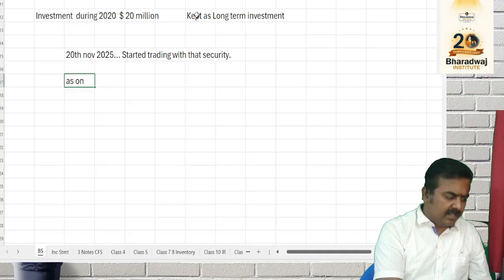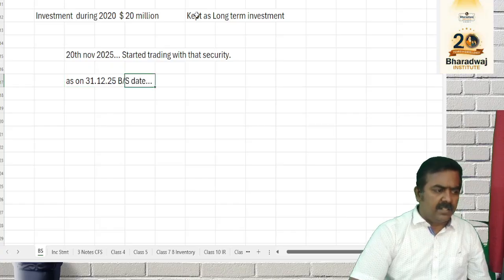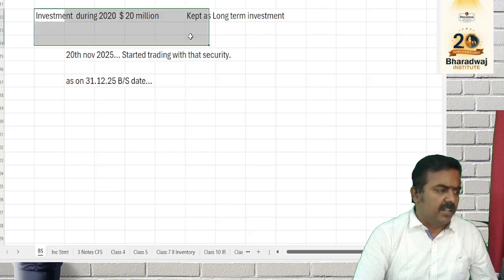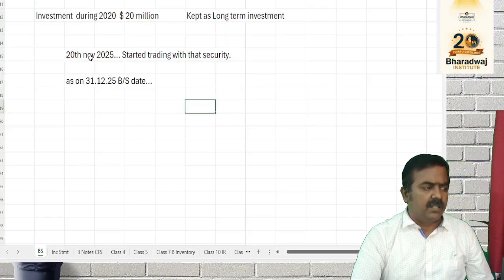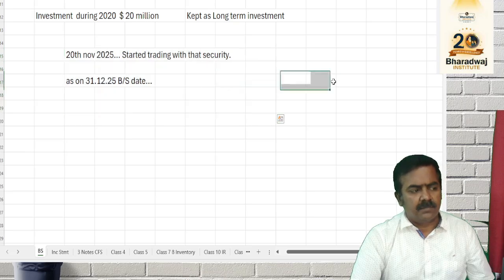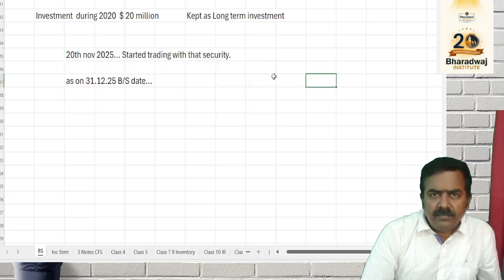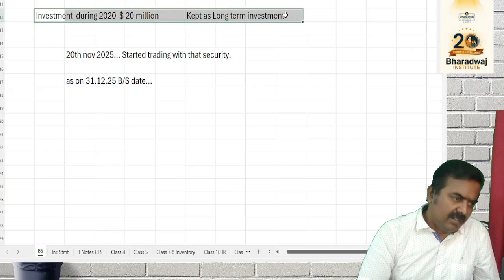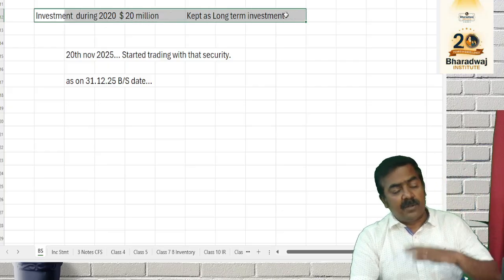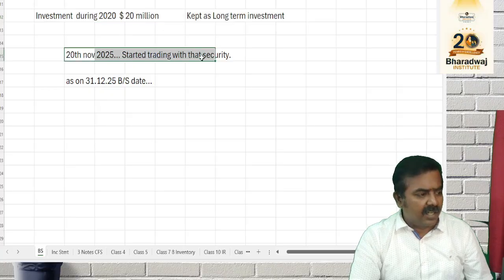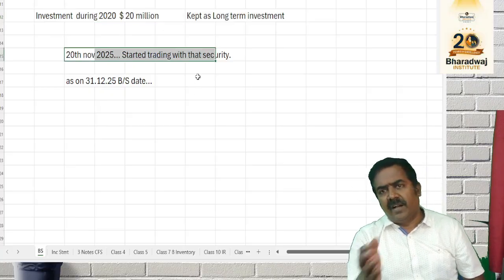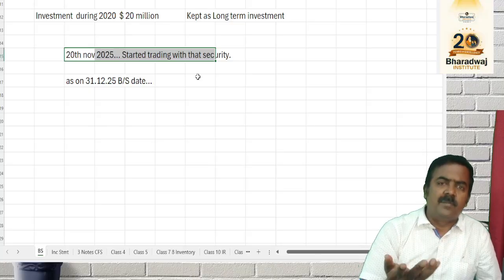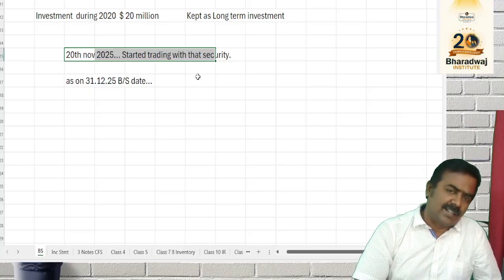So as on 31st December 2025, that is the balance sheet date, will this investment be called a long-term investment, non-current asset or current asset? Current asset. Why? Because when we invested money, it was a long-term investment. But during the current year we started trading, meaning buying and selling. That becomes a current asset.